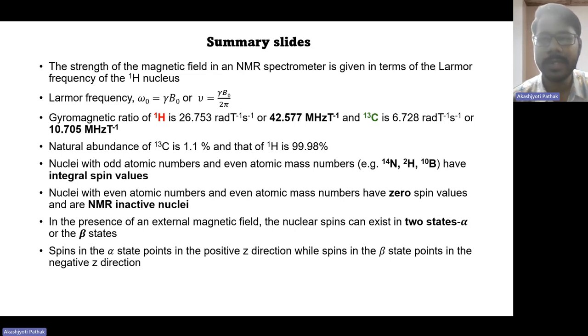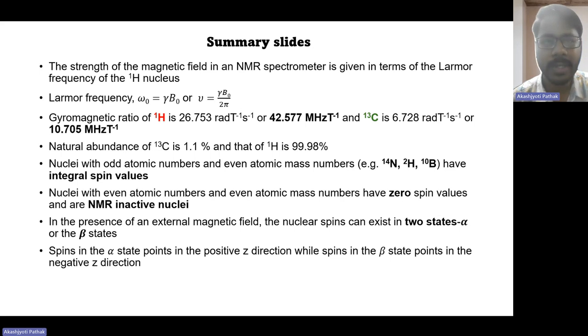The frequency with which it rotates around the external magnetic field is called the Larmor frequency of the nucleus. Each NMR active nucleus will have its characteristic Larmor frequency, depending on the gyromagnetic ratio.